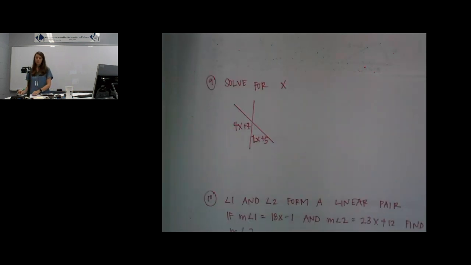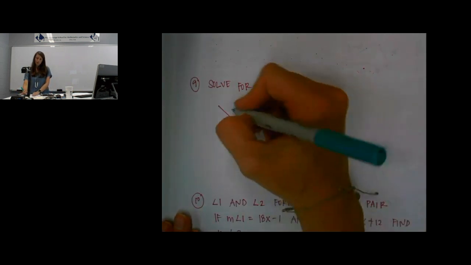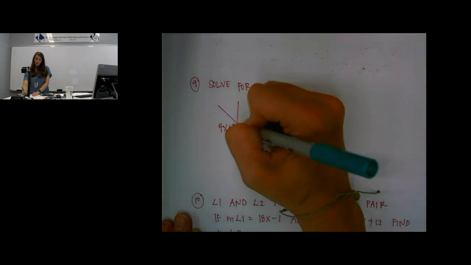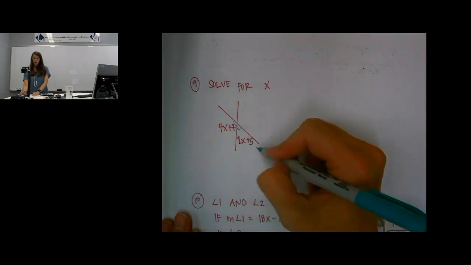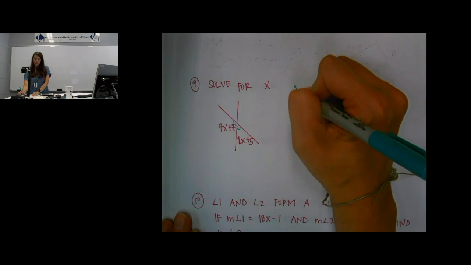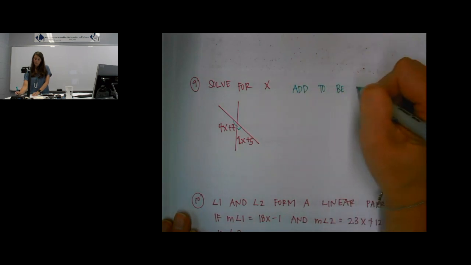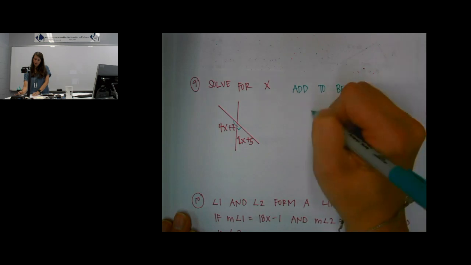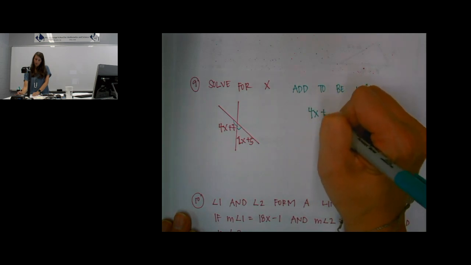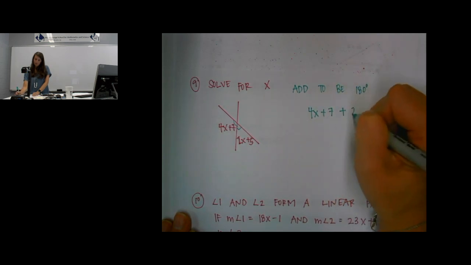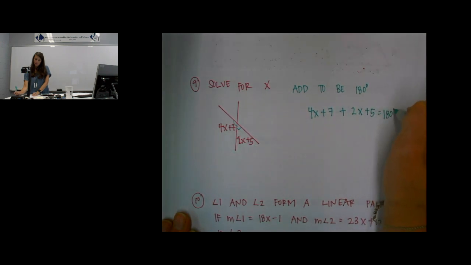Okay, what about this one here? This one is solving for x, but these two angles are not vertical angles, but they are a linear pair, so they would add to be 180. Okay, so that means that 4x plus 7 plus 2x plus 5 is going to be equal to 180.